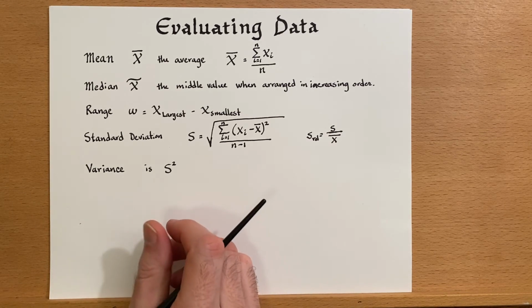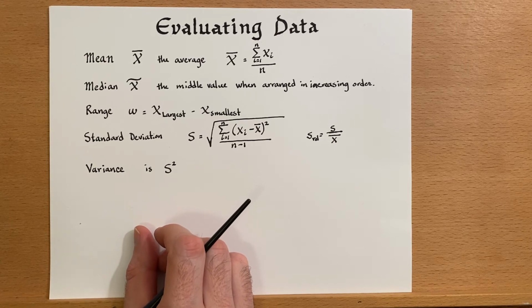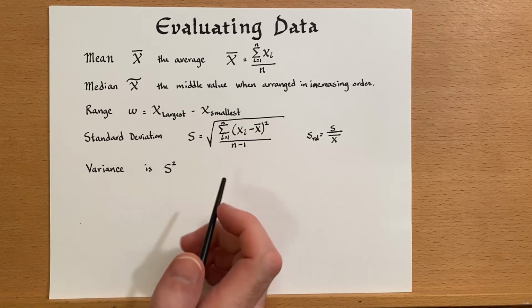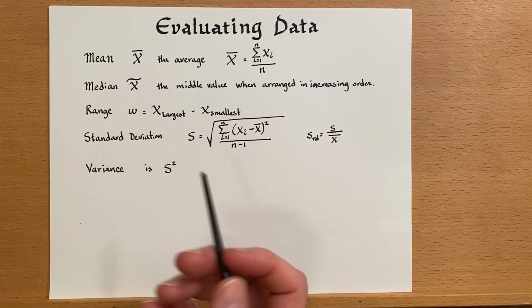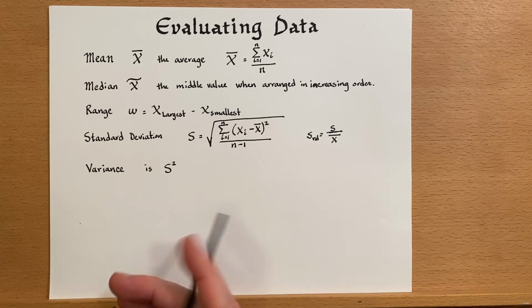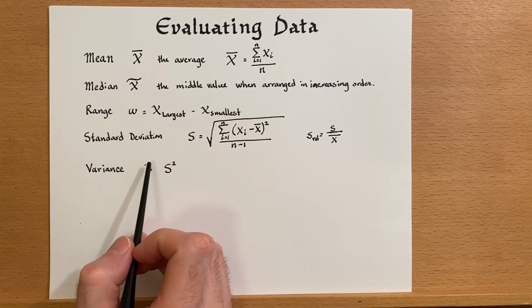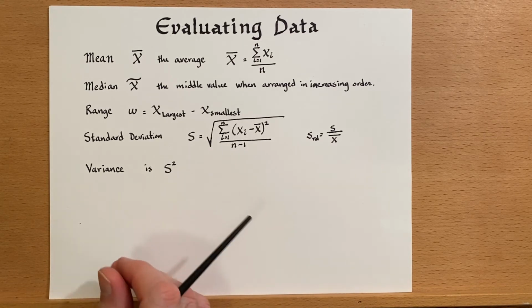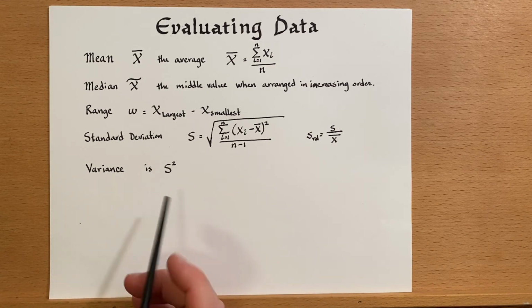Generally speaking, when we are looking for experimental results, we like to have low standard deviations. That indicates that our data is much more precise. Averages are used in evaluating how accurate our data is, but standard deviation is used to evaluate how precise our data is.